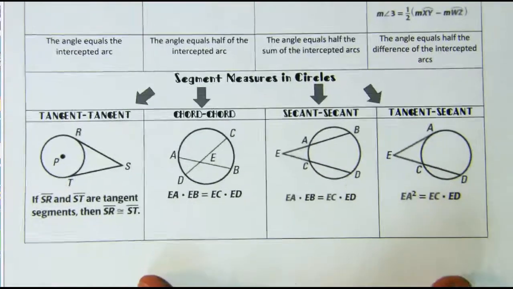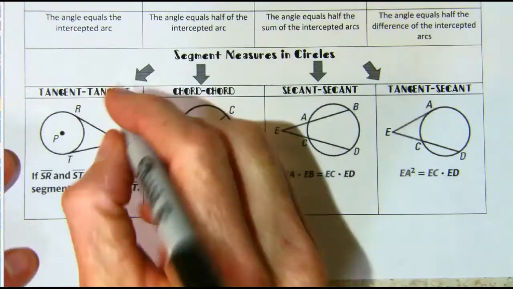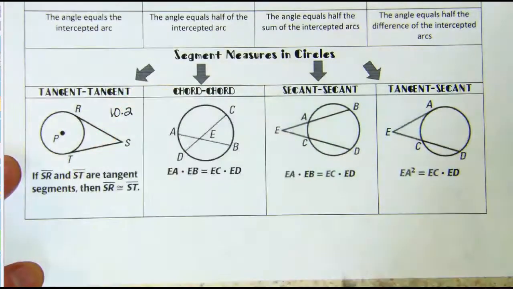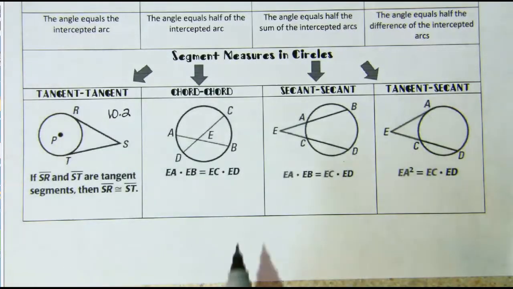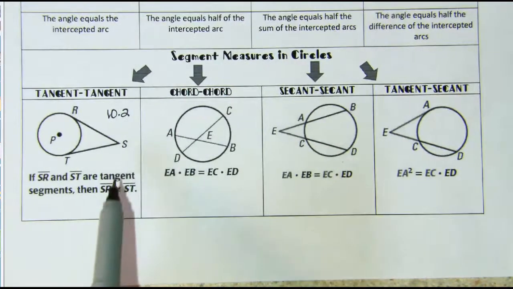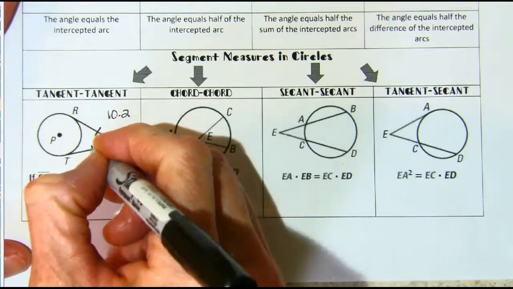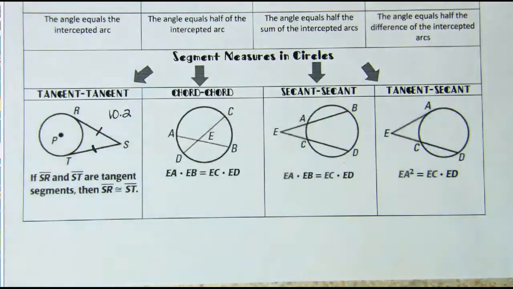Now the very last thing we did in the chapter, we actually did segment measures. Back with 10.2, we learned tangent. If SR and ST are tangent segments, then these are congruent. So that's what the tangent tells me about segments.